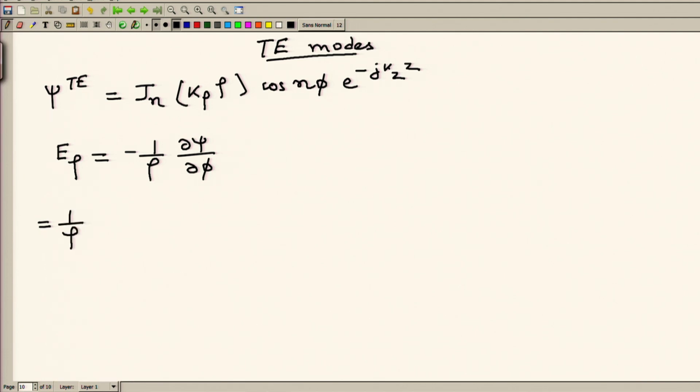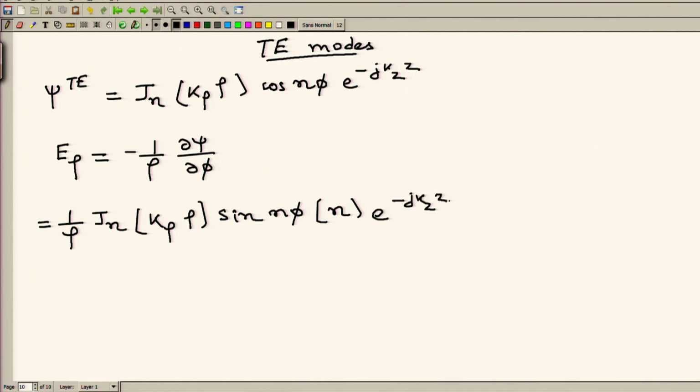So, 1 upon rho, then J n k rho sin of n phi multiplied by n e to the power minus j k z z. So, this is E rho, equation number 5.